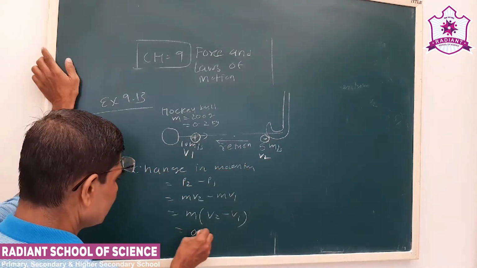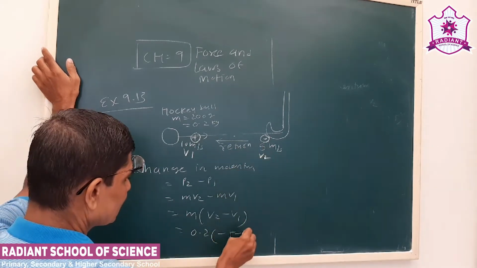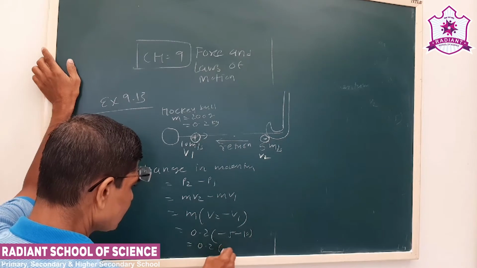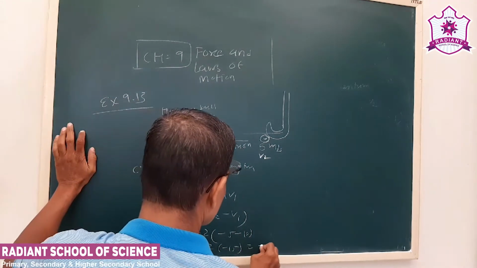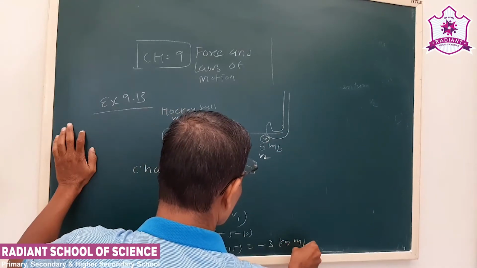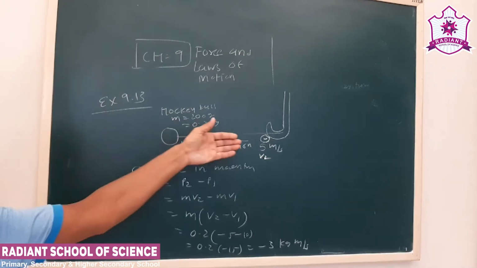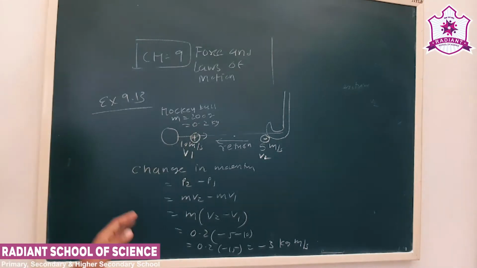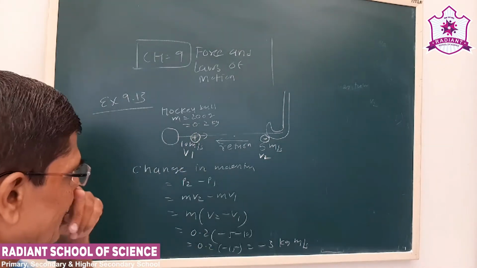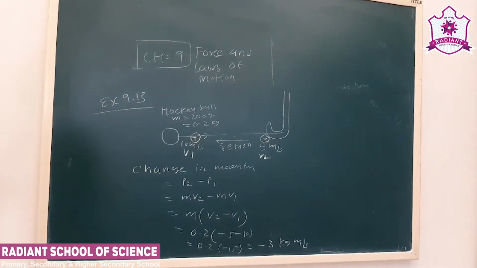Mass is 0.2 kg, V2 is minus 5, V1 is 10. By the condition, the hockey ball of mass 200 gram, that is 0.2 kg, moves with a velocity of 10 meter per second, is struck by a hockey stick and sent back with a velocity of 5 meter per second.